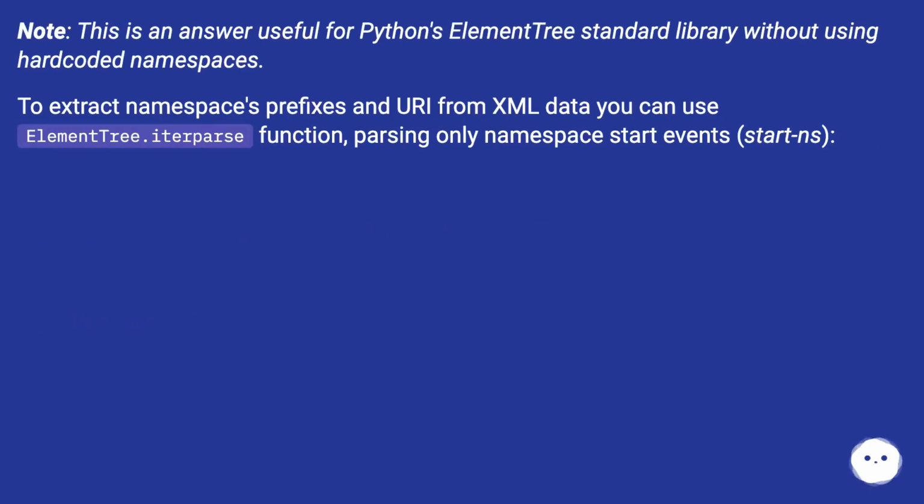Note: this is an answer useful for Python's ElementTree standard library, without using hard-coded namespaces. To extract namespace prefixes and URIs from XML data, you can use the ElementTree.iterparse function, parsing only namespace start events, start-ns.